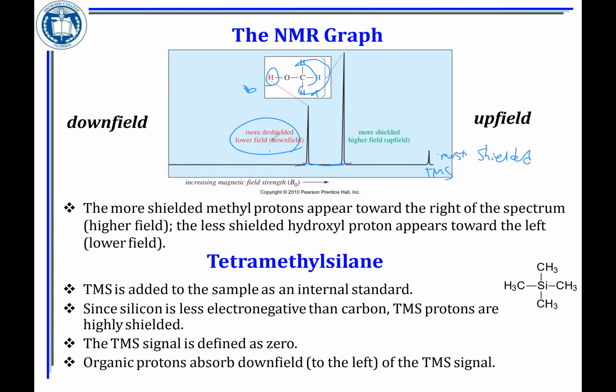Can you tell me what makes the red one more de-shielded? What factor affects this shielding effect, or what makes the hydrogen attached to the oxygen more de-shielded? What does it mean to be de-shielded? In everyday talking, a shield is a layer of protection, right?